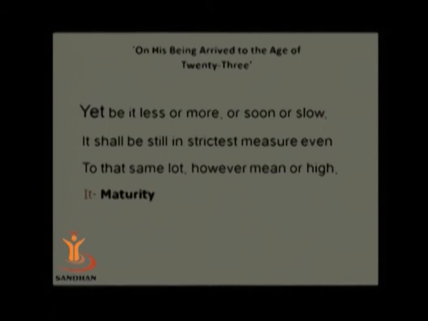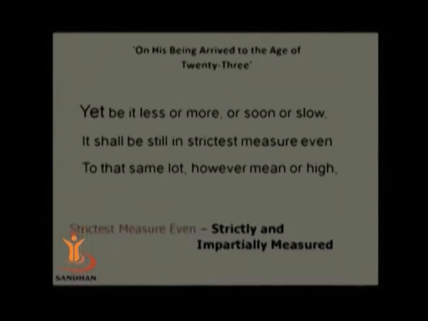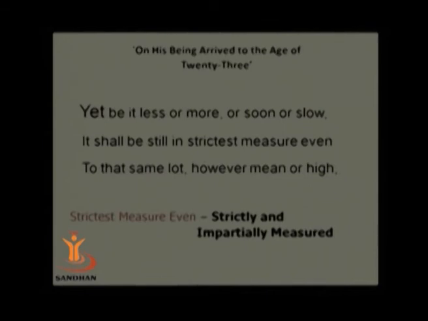Okay, he says, though his maturity may be less or more, or soon or slow, it might have come sooner in comparison to some and slower in comparison to others, yet in spite of that, it shall still be in strictest measure even. It shall always be in strictest measure. Strictest measure even means strictly and impartially measured.